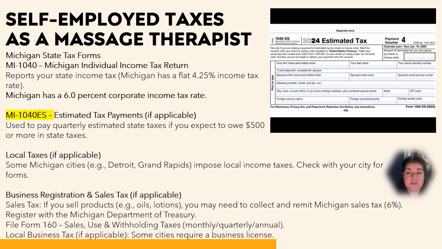All right, now the Michigan tax forms also has a 1040 ES. This is your estimated tax payments that you should be sending in quarterly, but this is different than the federal ones. The federal ones want you to pay quarterly if you're expecting to pay 1,000 or more in income tax, whereas Michigan wants you to send them in if you are expected to owe $500 or more in state taxes.